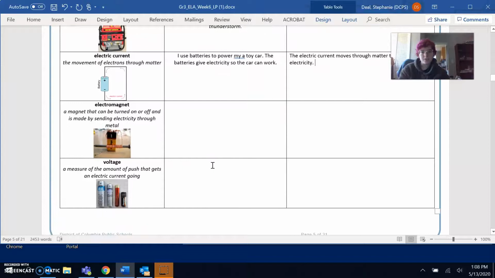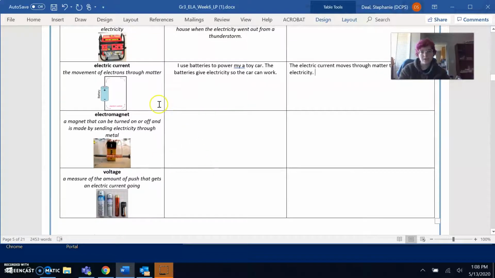Let's go on to our next word, which is electromagnet. In Espanol, electromagnet is electroimán. An electromagnet is a magnet that can be turned on or off and is made by sending electricity through metal. You can make an electromagnet at home if you have the right materials.